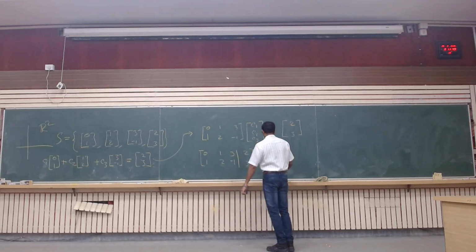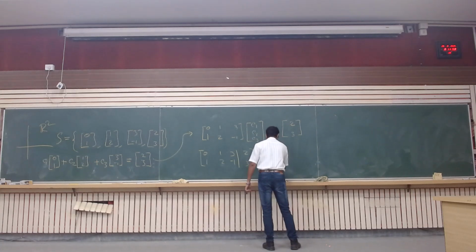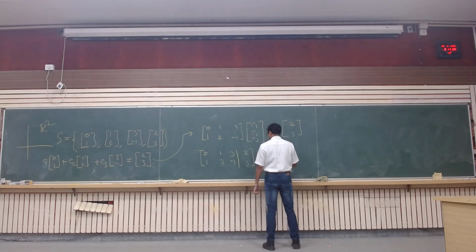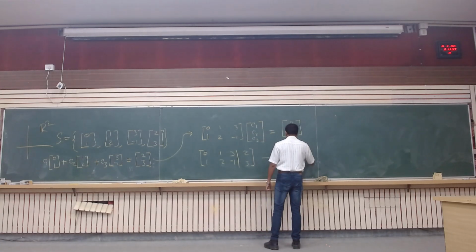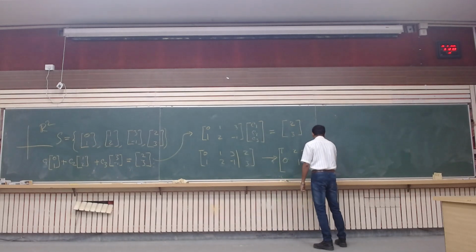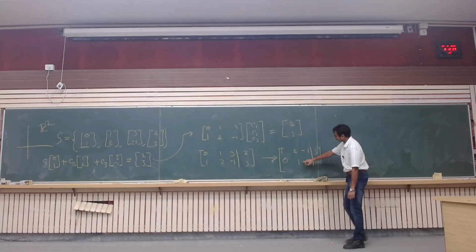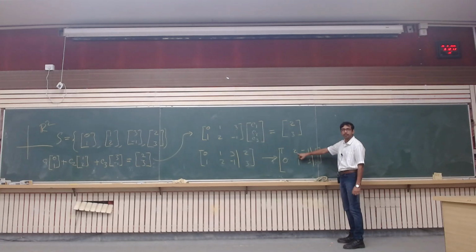So this becomes the matrix (1, 2, -1), (0, 1, 3), and this one should also be flipped, so 3, 2. Now you want to make this a pivot, and that's why this should be removed, right?